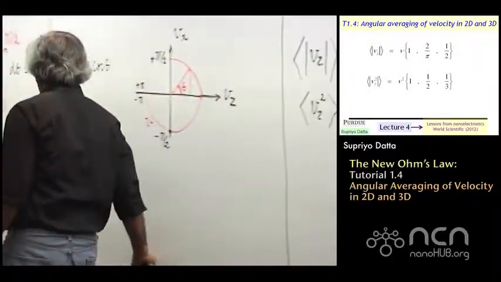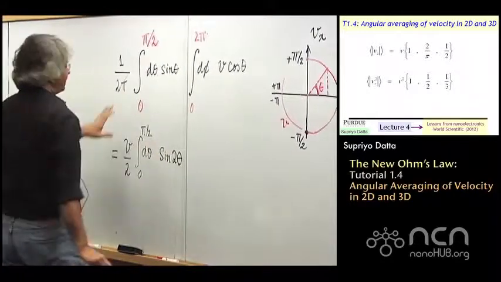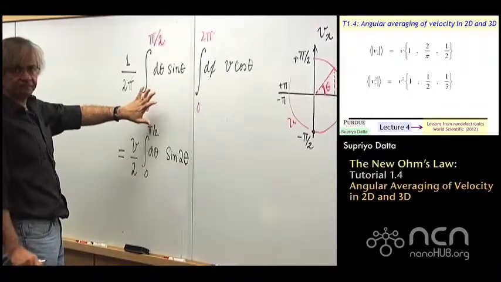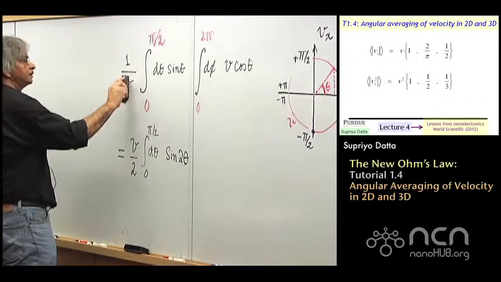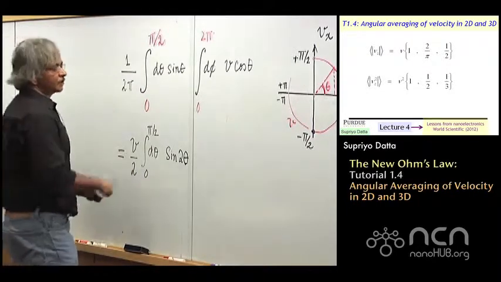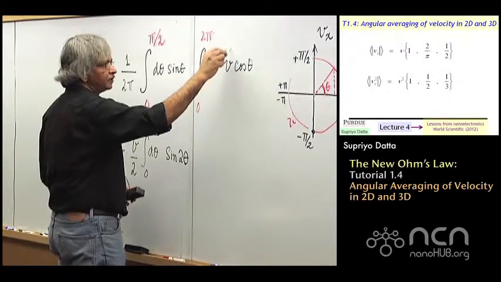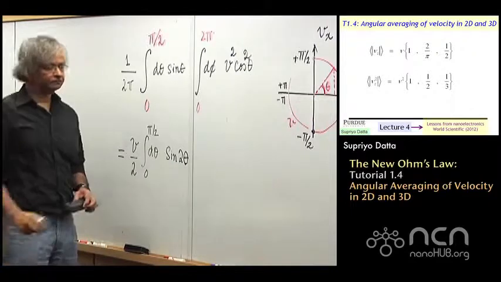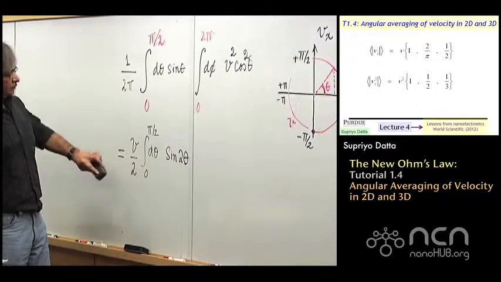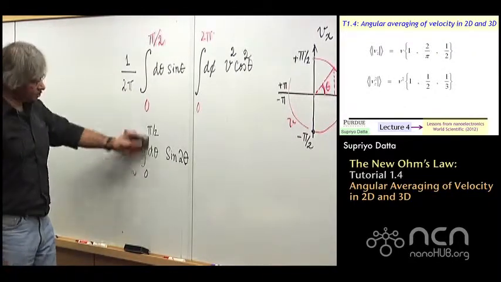Now how do you do the 1/3 one? Well, again, the basic integral structure is still the same. It's just that instead of V cosine theta, we now write V squared cosine squared theta. So again, same story.